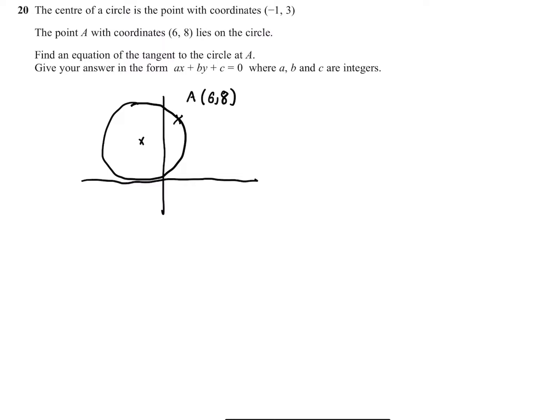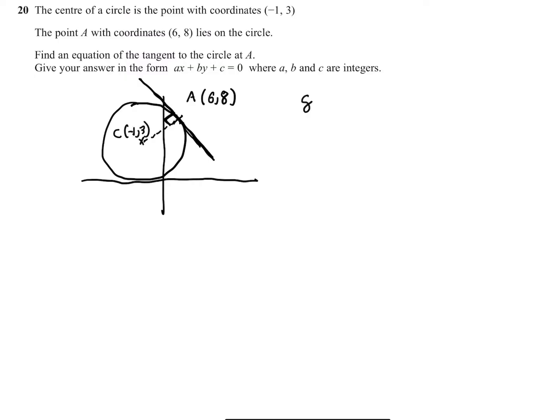So the tangent is going to look something like this. It's going to go across at A. Now here we can use circle theorems. We know that a tangent and a radius of a circle will always meet at a right angle. So the gradient of the tangent is going to be perpendicular to the gradient of the radius to A. So what we can do is find the gradient of the center of the circle, minus 1, 3, to A. How do we find the gradient?